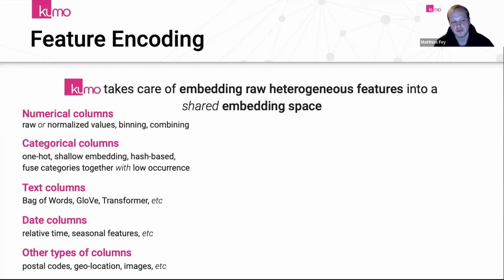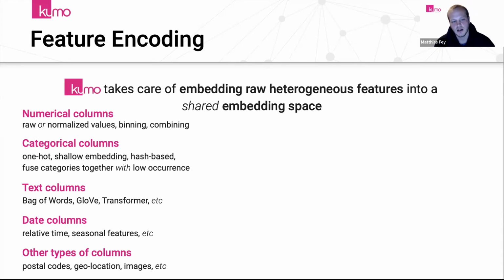And if you're thinking about categorical values with higher cardinality, then something like shallow embeddings might be more useful, as it restricts the memory footprint of your model. Then you can also think about how you handle categories with low occurrence. You may want to fuse them together into a single one so that you're avoiding overfitting on these rare categories.